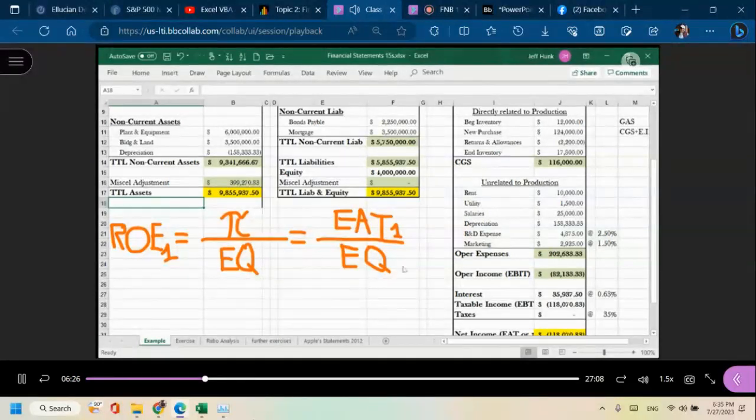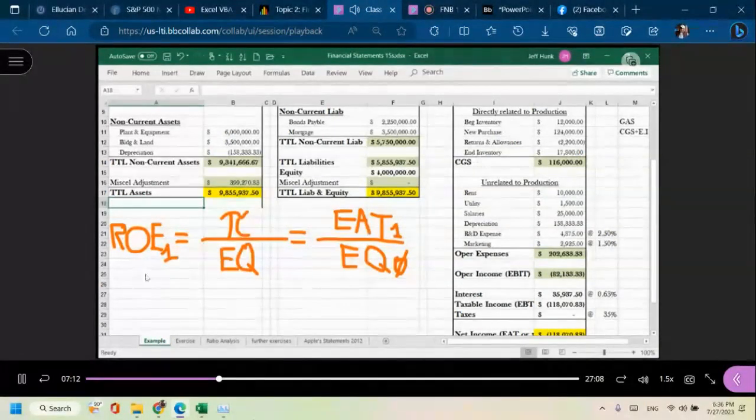This is the equity at time 0, isn't it right? Profit is the result of the workings of the equity that was in place at time 0, and that equity worked hard for 1 year and produced this result. So the EAT at time 1 is the fruit of the workings of the equity at time 0. Make sense?